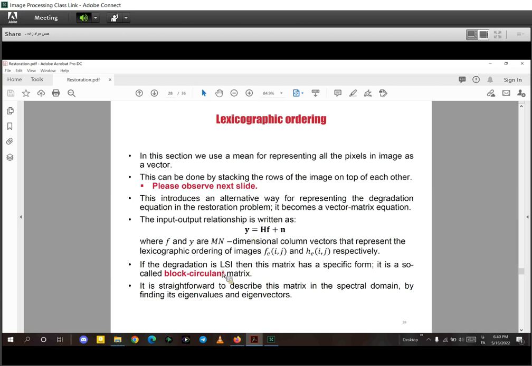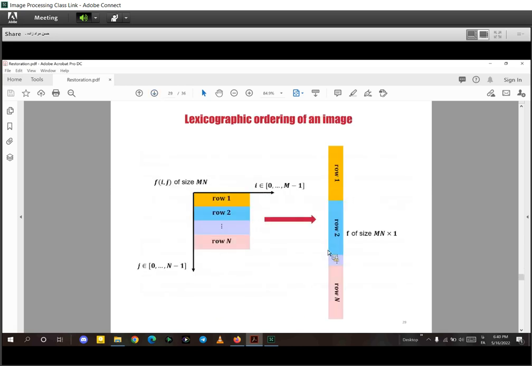If the system is LSI, that means we can apply convolution to it. It's straightforward to describe this matrix in the spectral domain by finding its eigenvalues and eigenvectors.